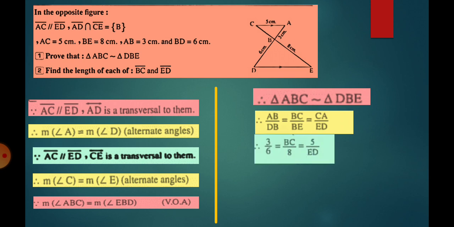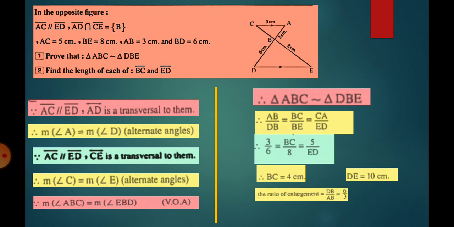Here AB is 3, DB is 6, BC we don't know, BE equals 8, CA is 5, and ED we don't know. Then BC equals 8 times 3 divided by 6 equals 4 centimeters. ED equals 5 times 6 divided by 3 equals 10 centimeters.